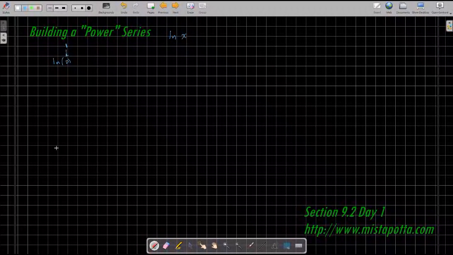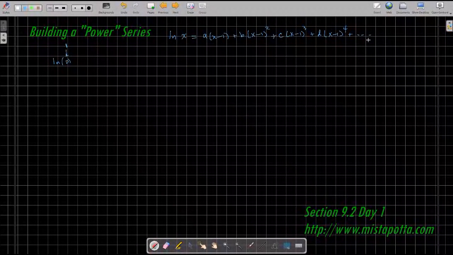But in order for this to work out, I'm going to want some of my terms to disappear. So I'm going to write this as a times (x minus 1) plus b times (x minus 1) squared plus c times (x minus 1) cubed plus d times (x minus 1) to the 4th. And I should be able to continue this out forever.